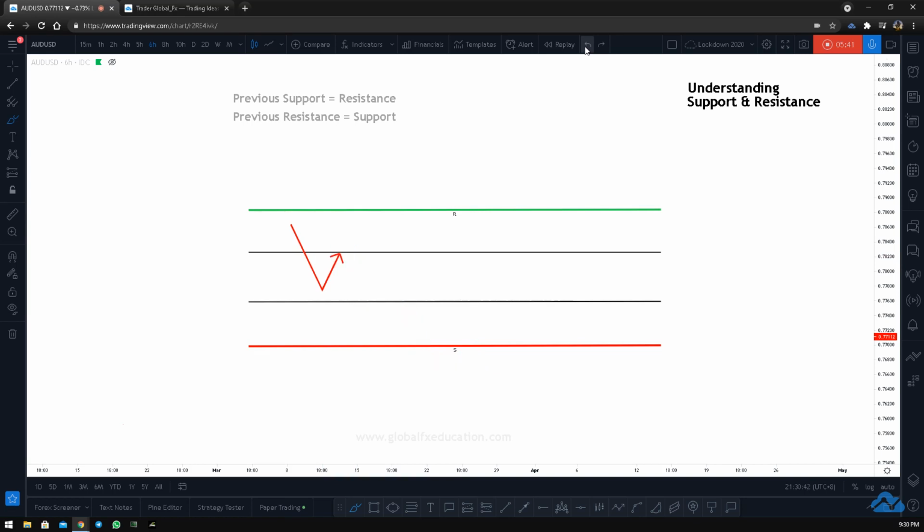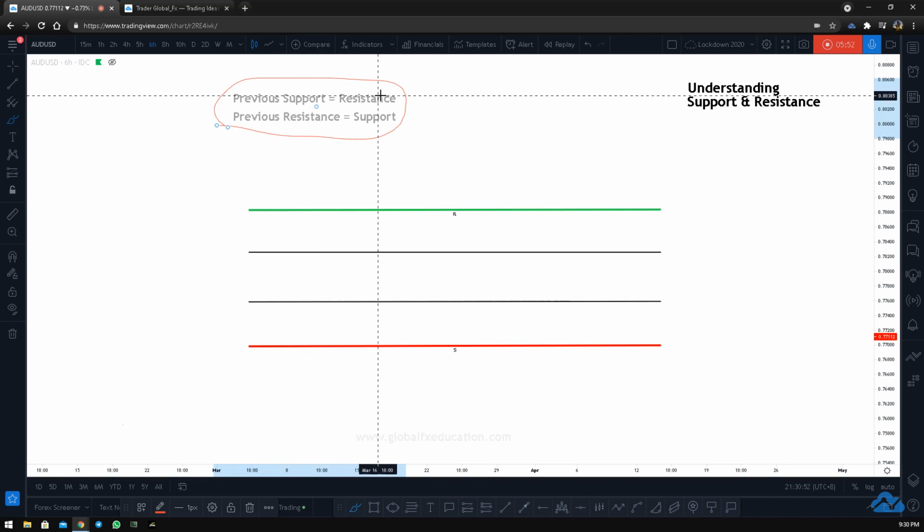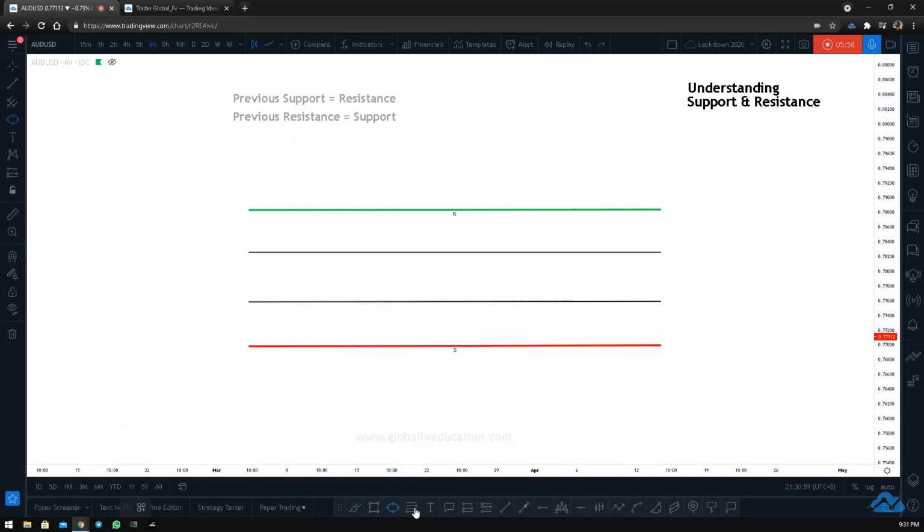So in this lesson, all you need to remember to understand support and resistance is that previous support is always turned resistance, and previous resistance is always turned support. And the only place that you should be waiting for a proper entry is when the market has already broken that area.